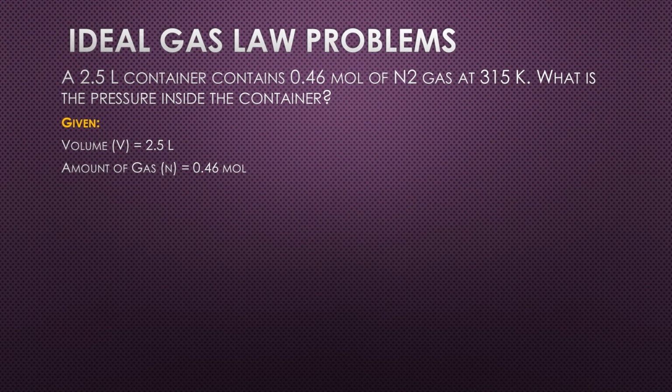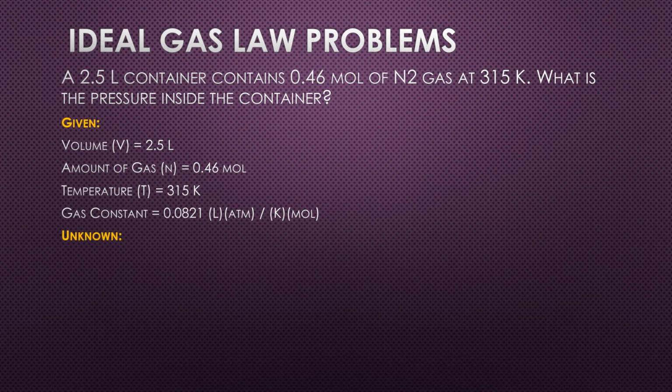Moles is the unit that we want, so we'll leave it as that. Next up, we have the temperature, 315 Kelvin. Once again, we need our temperature to be in Kelvin, so we're good there. And then finally, we know that the gas constant, R, will be 0.0821 liter times atmosphere divided by Kelvin times mole.